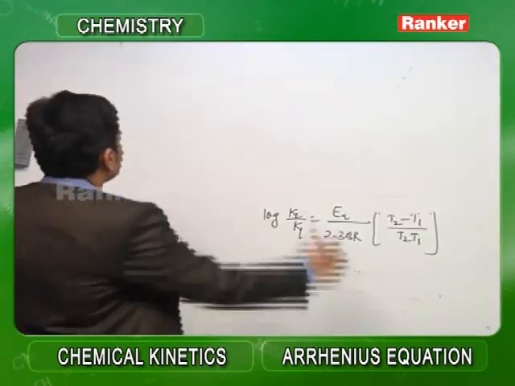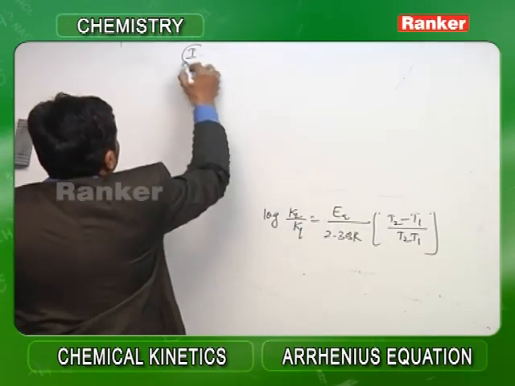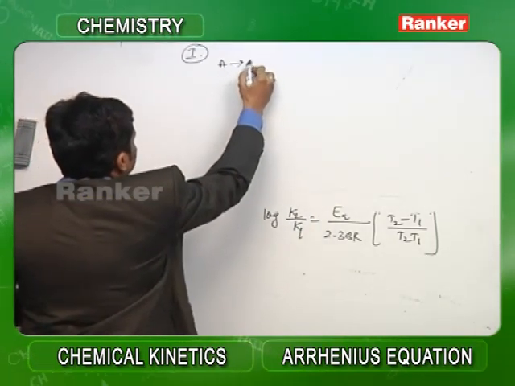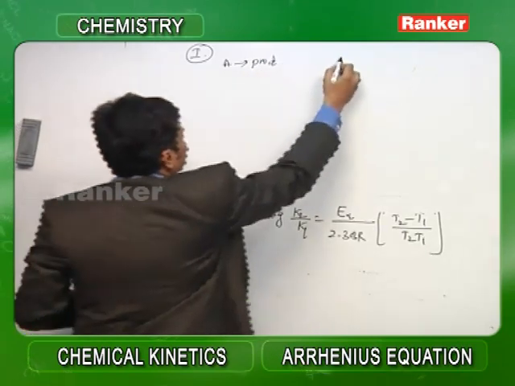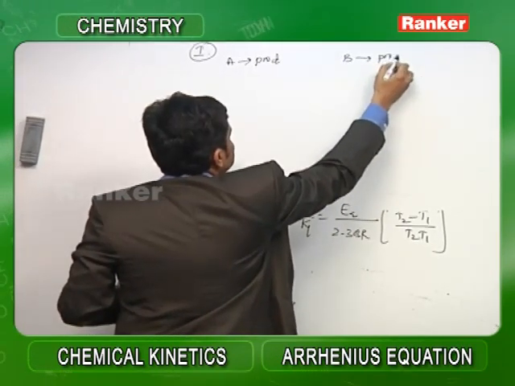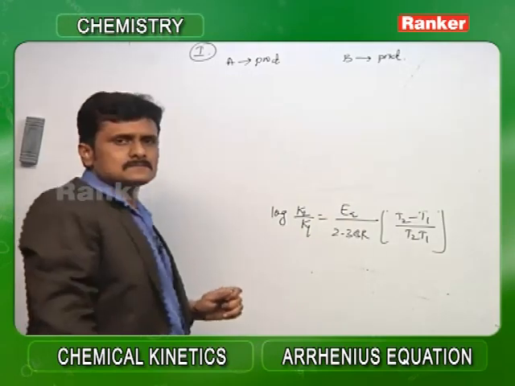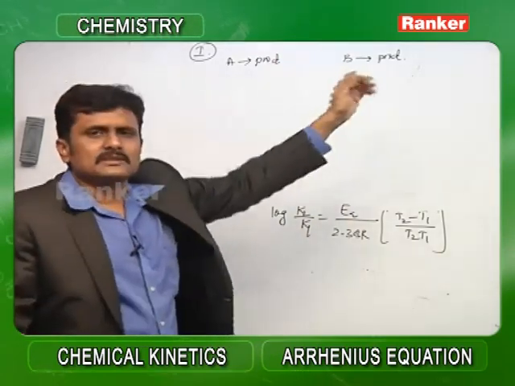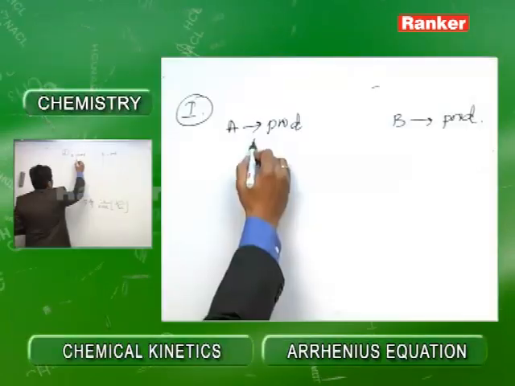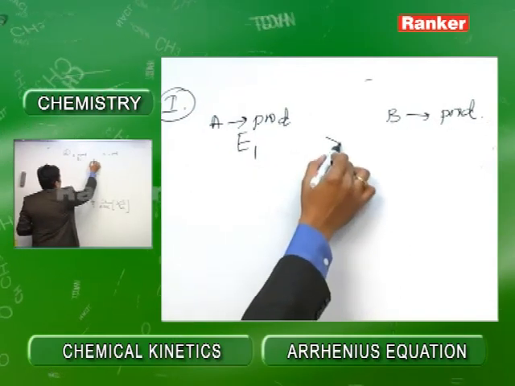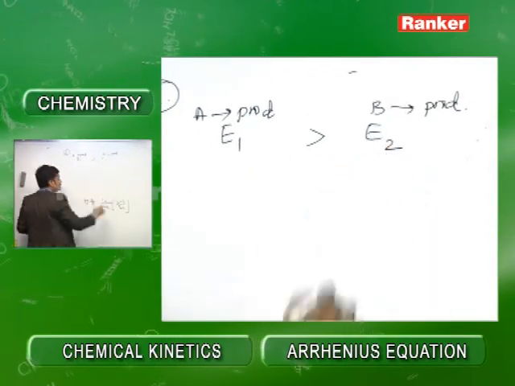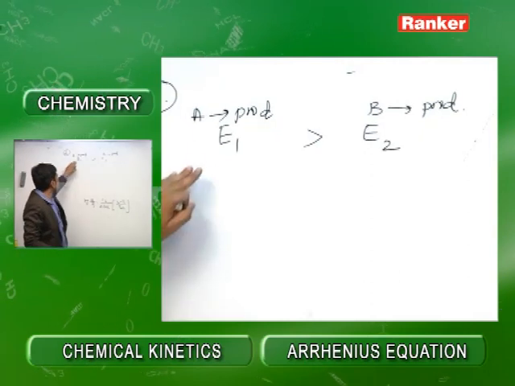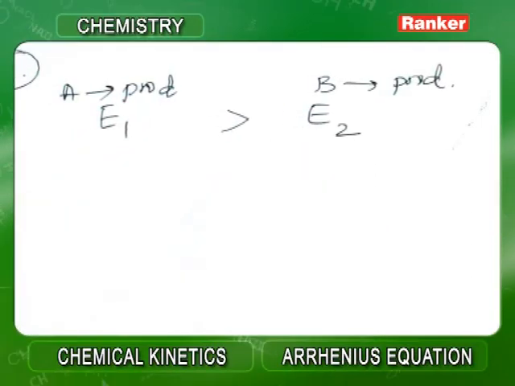The first one is, I'll take two first order reactions: A giving rise to products and B giving rise to products. The activation energy of the first one is E1 and the second one is E2. It's given that the activation energy of the first one is greater than that of the second one.